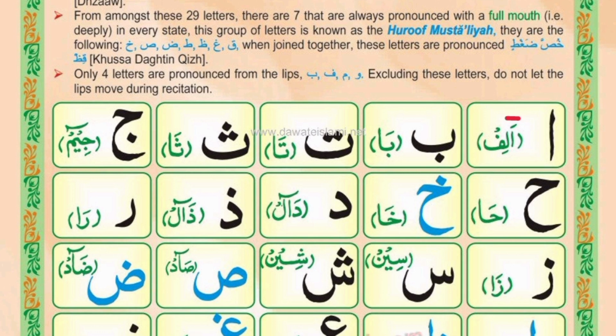These three letters have the same articulator, as I explained just a minute ago for za. Similarly, we pronounce sin from the similar address, from the similar articulator as the articulator of za, and similar is the articulator of sad. These three letters have the same articulator: the tip of the tongue touches the edges of the upper and lower teeth.